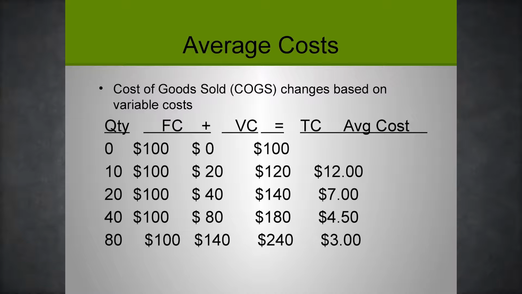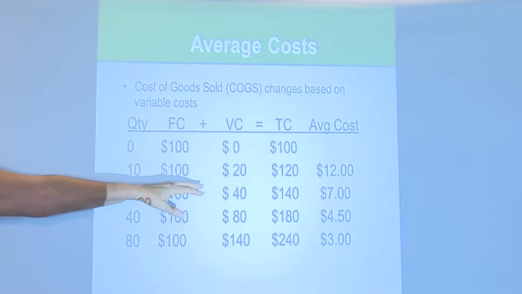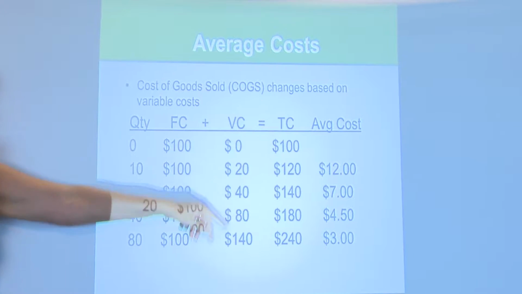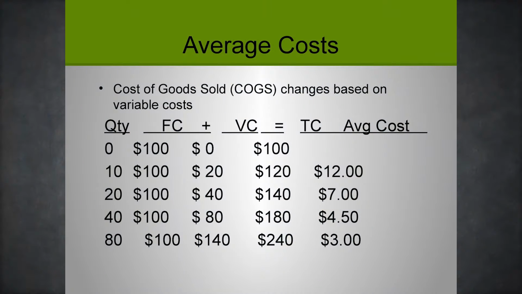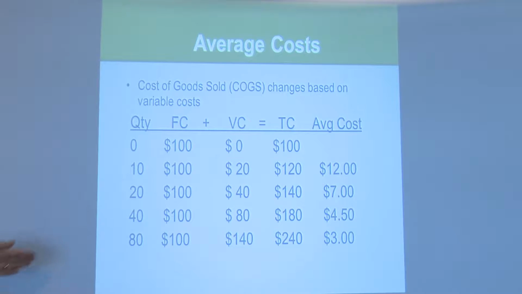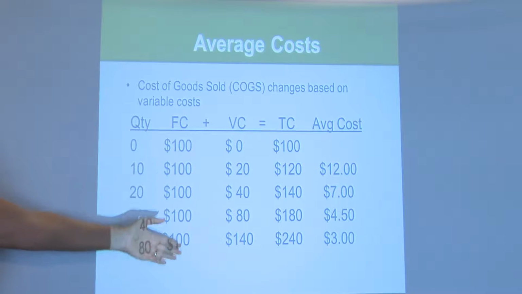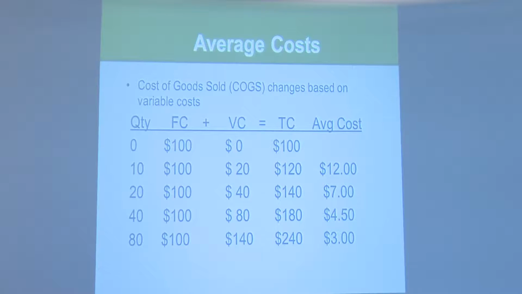If we make 10 and we have fixed costs and only $20 in variable costs, we get down to an average cost of $12. It's looking better. So obviously, as our production goes up, our average cost goes down. But even when it's zero, and these are low numbers, I don't know anybody that has $100 in fixed costs. It's usually closer to 1,000 perhaps.